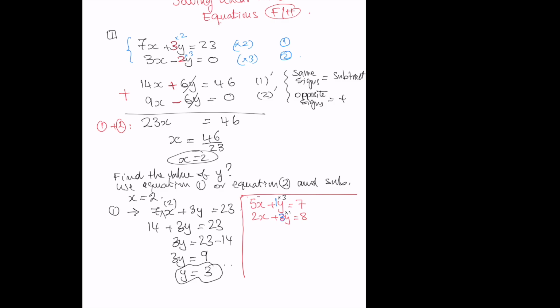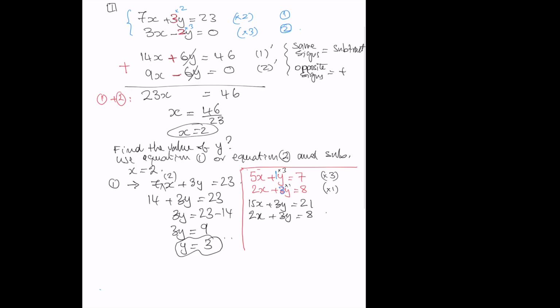Then you must not forget that you have to multiply the whole first equation by 3 and the whole second equation by 1. Okay, so this will give us 15x plus 3y equal to 21. And then the second one will stay the same, 2x plus 3y equal 8, because multiplied by 1, it will give you the same answer.